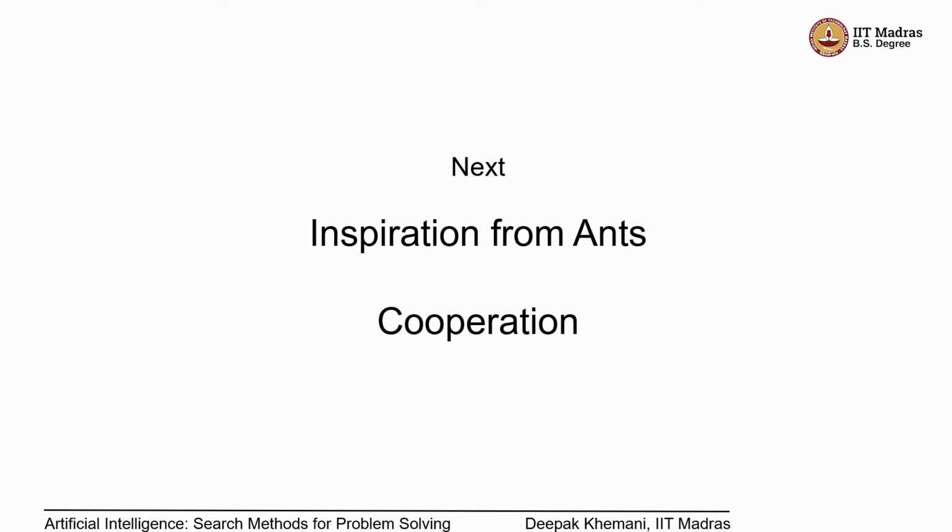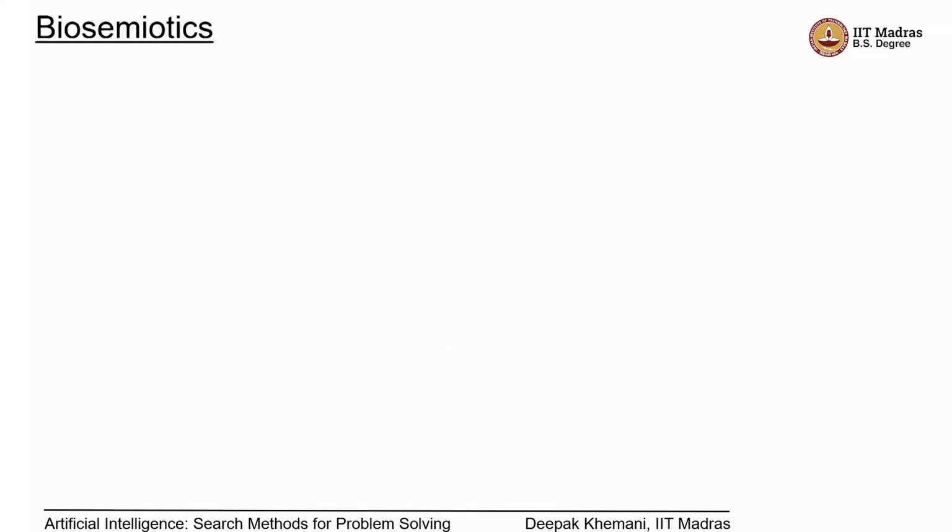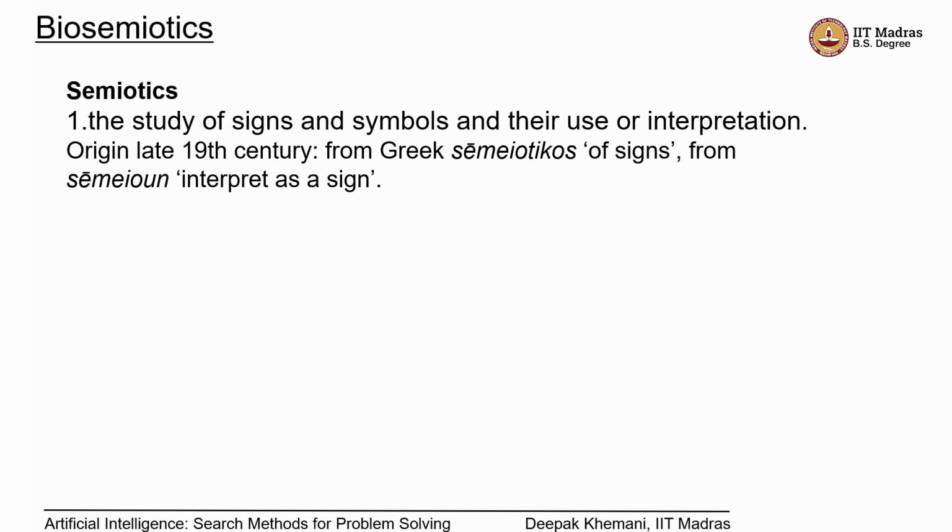Having looked at this notion of emergent systems, let's take some inspiration from ants and how they cooperate to form a cohesive social structure. We had mentioned the science of semiotics. Biosemiotics is the study of signs and symbols and their use or interpretation.